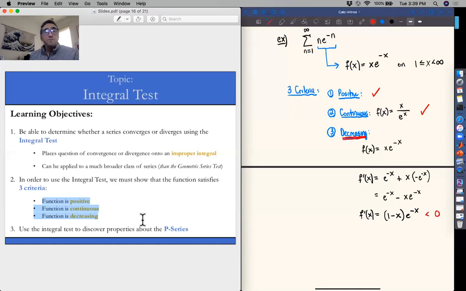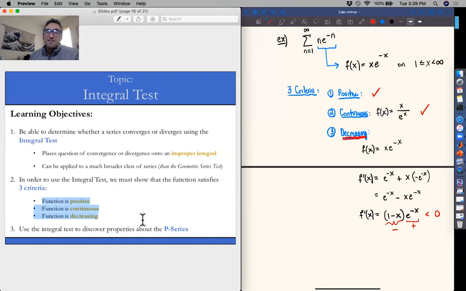And where do we want this to be less than 0? Well, we want this to be less than 0 on our interval from 1 to infinity. And let's see what happens here. Well, this exponential will always be positive, but for any number greater than 1, this 1 minus x will be negative.